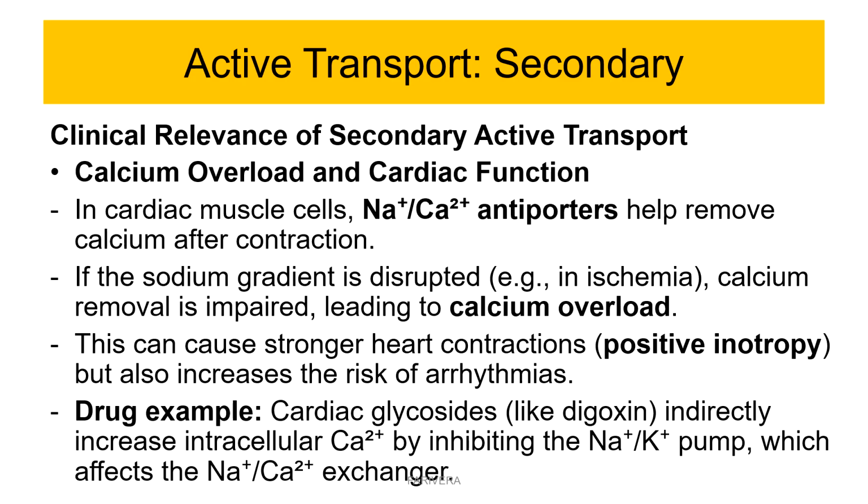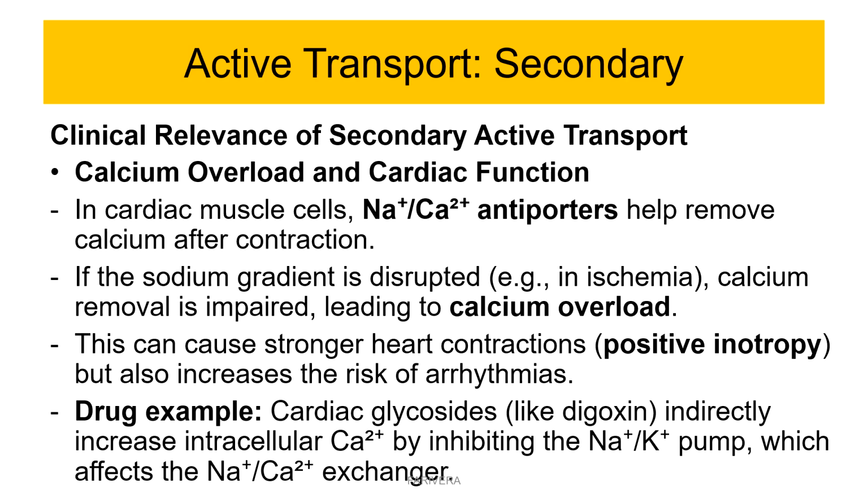For calcium overload and cardiac function, this would be part of the clinical relevance of secondary active transport. The sodium calcium exchanger is an example of an antiporter. In cardiac muscle cells, it helps remove calcium following contraction.